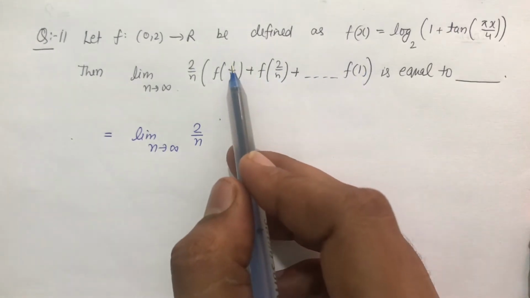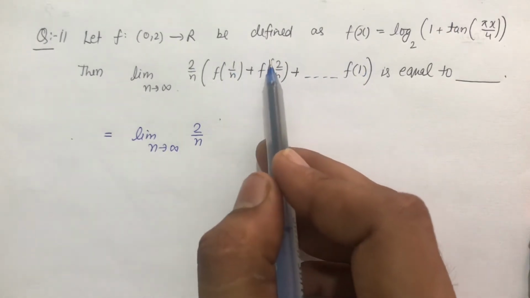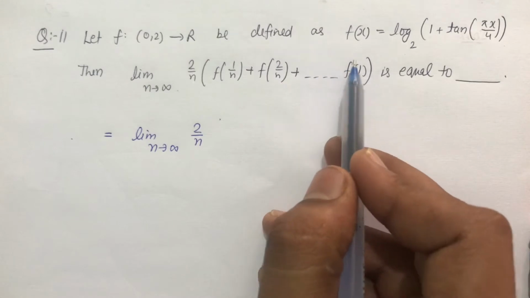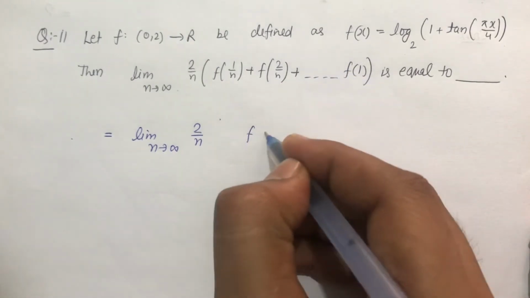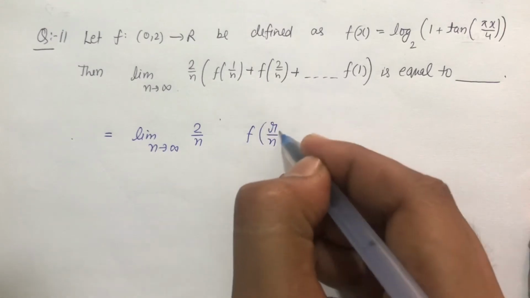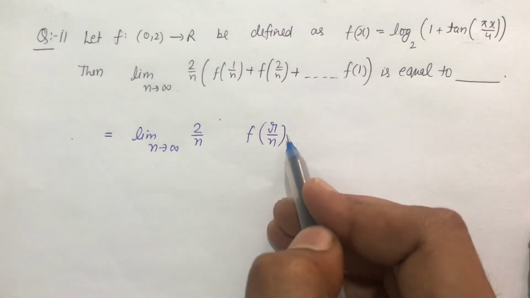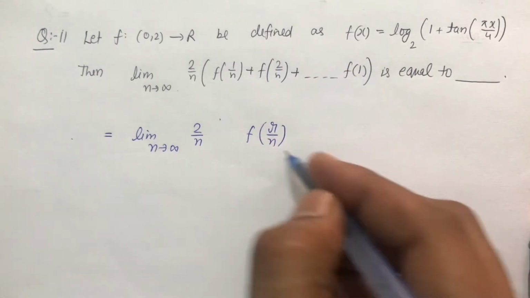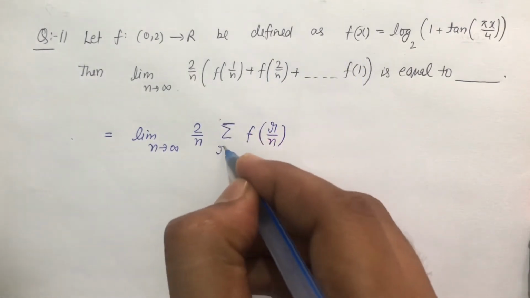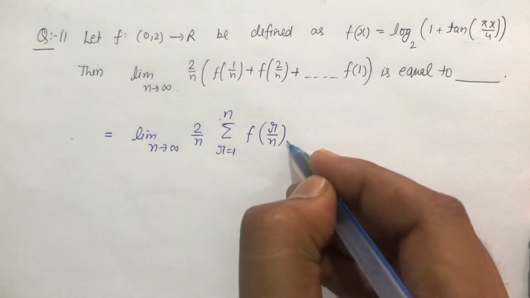So what is varying? The numerator of the argument is varying 1, 2, 3, 4 and so on up to n. So I can write it f of r by n in general, where r is varying from 1 to n. So sigma r equals 1 to n f of r by n.